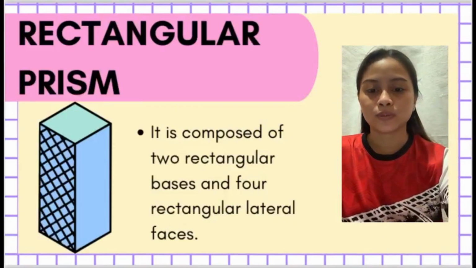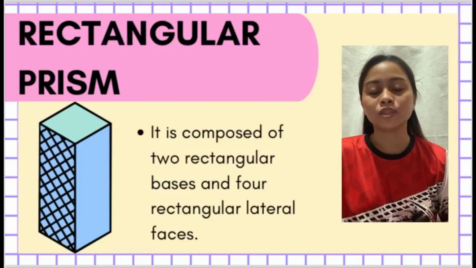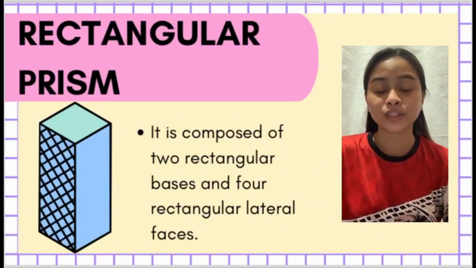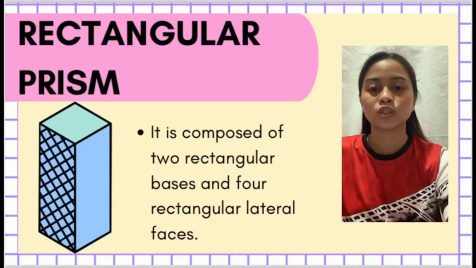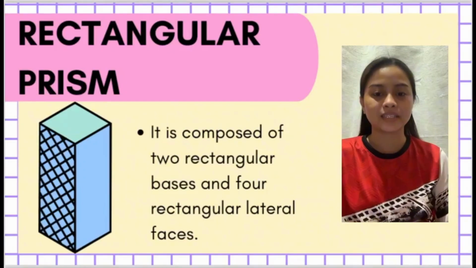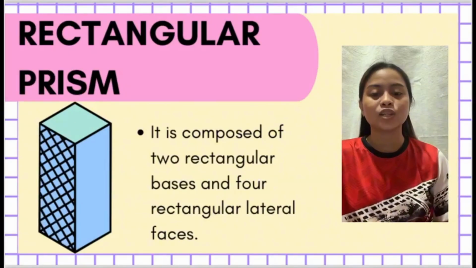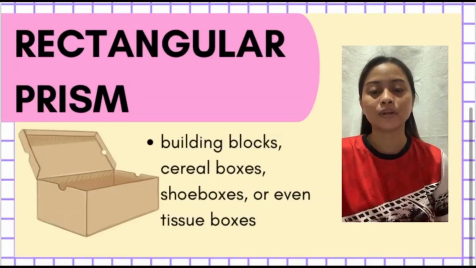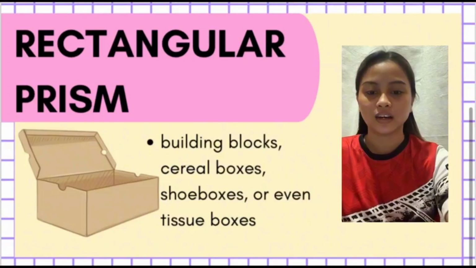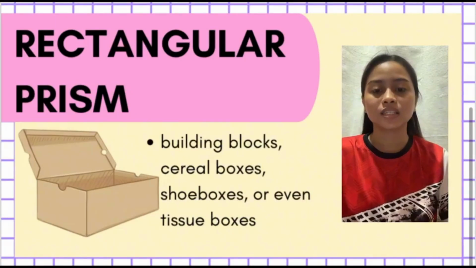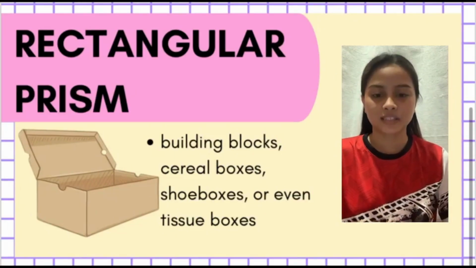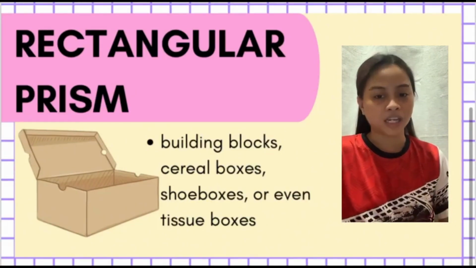Now, let's proceed. The first solid figure is the rectangular prism. A rectangular prism is composed of two rectangular bases and four rectangular lateral faces. I have here examples of the rectangular prism: building blocks, cereal boxes, shoe boxes, or even tissue boxes.